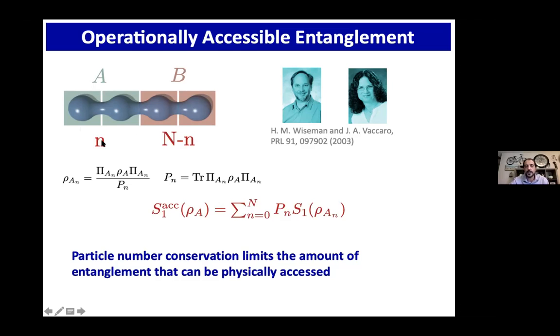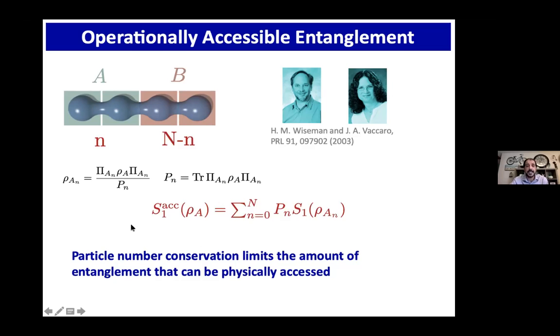So in order to calculate the amount of information that can be accessed for quantum information purposes, one needs to consider projecting the state onto a fixed number of particles in A, and of course a fixed number of particles in partition B, and then measure the entanglement, or the reduced density matrix after projection, which is rho A,N here, for that fixed number of particles.